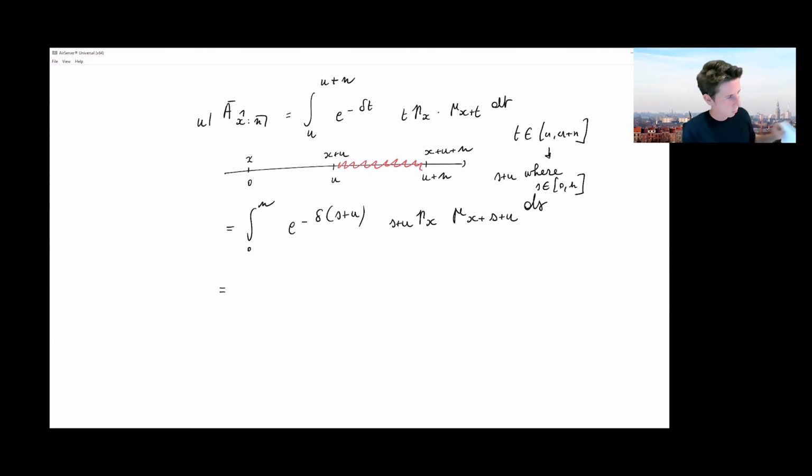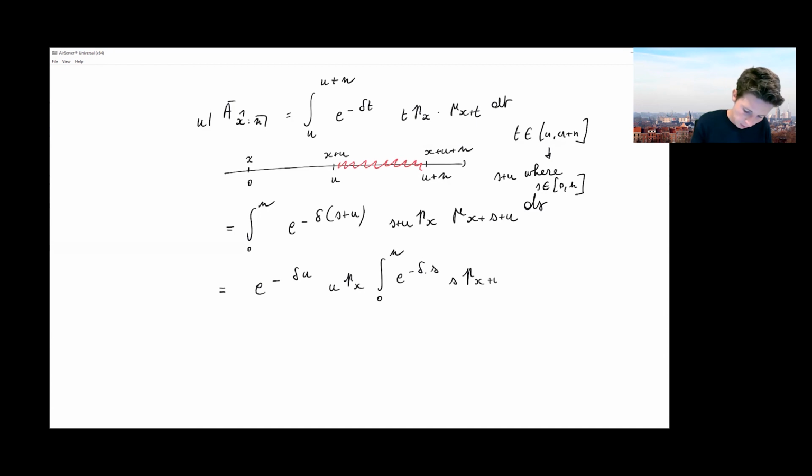And the reason I'm doing that is because I can then rewrite my expression in an elegant way. I can put e to the power minus delta times u in front, and I can put the u px in front, and look at the integral from 0 to n, e to the power minus delta times s, s px plus u, and then mu x plus s plus u ds, right?